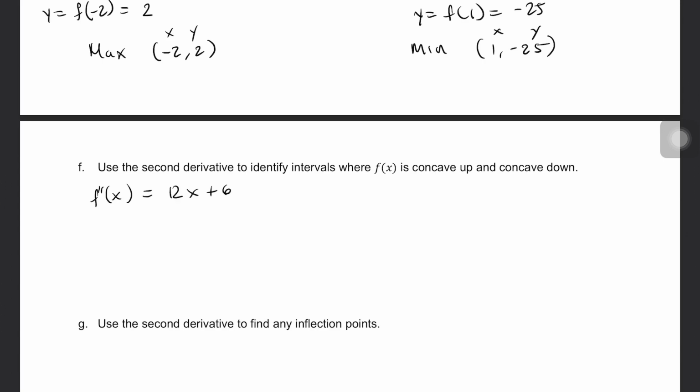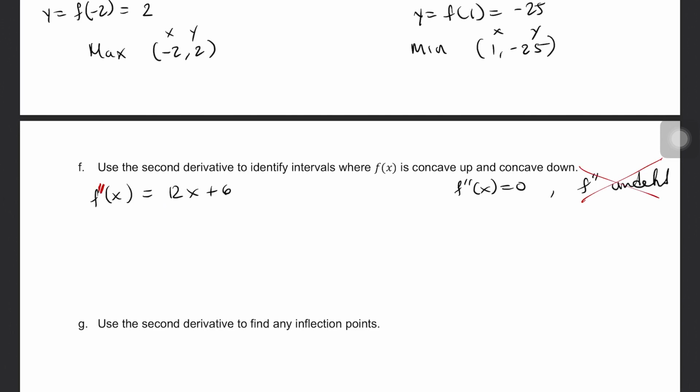Remember that for us to separate concave up and concave down, this is going to happen whenever the second derivative is 0 or when the second derivative is undefined. We know that this is never going to be undefined because this is a polynomial, and so this is defined everywhere.